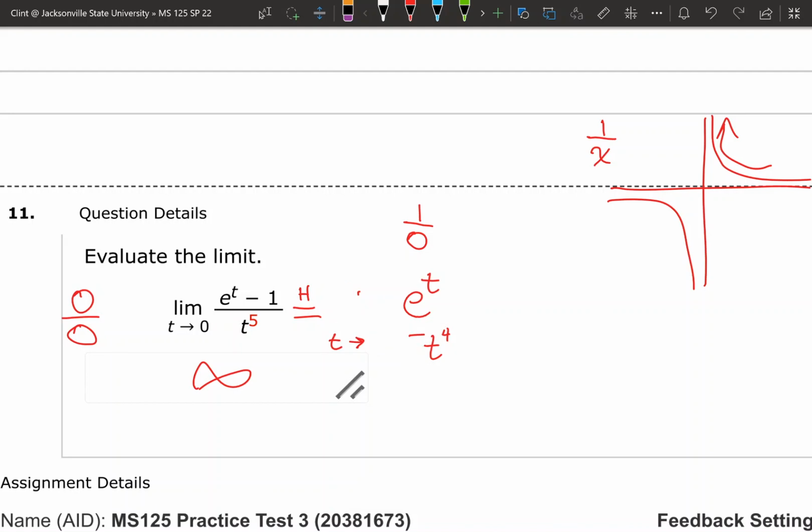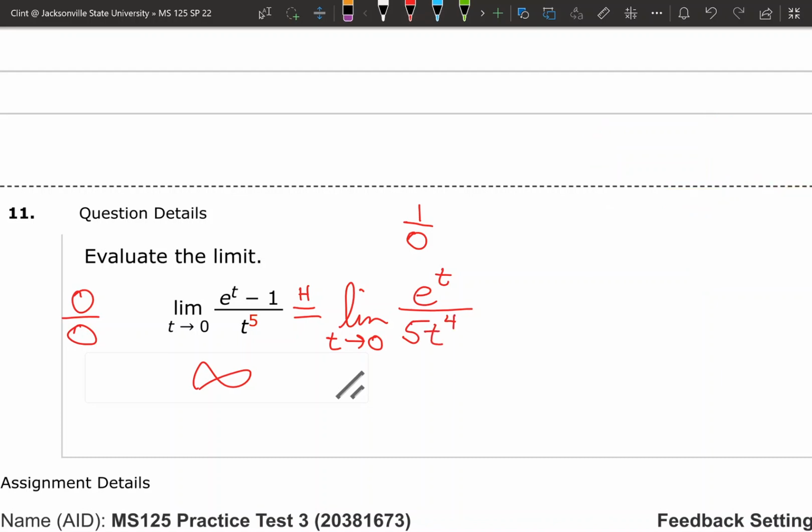Oh man. Hang on. Nope. So we're thinking about the wrong graph on that. Because here's why it's infinity. It dawned on me now.